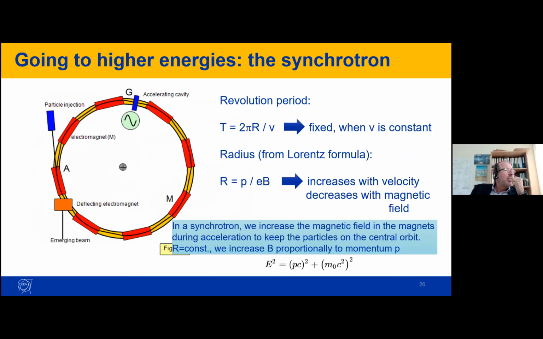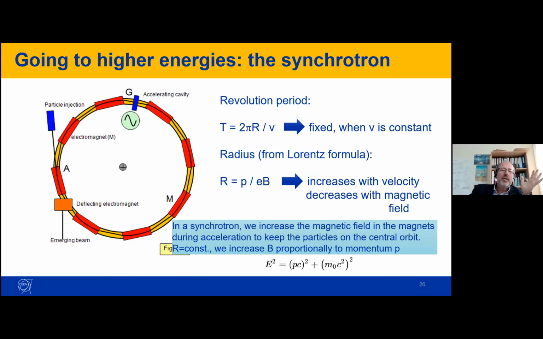The idea is that if you calculate the time of revolution of the particles, if the particles are relativistic, so closer to the speed of light, their velocity is constant, it is the speed of light, and the time for a revolution is constant.